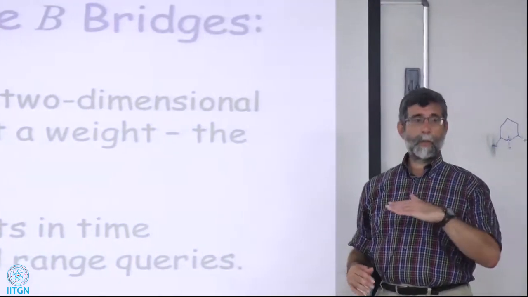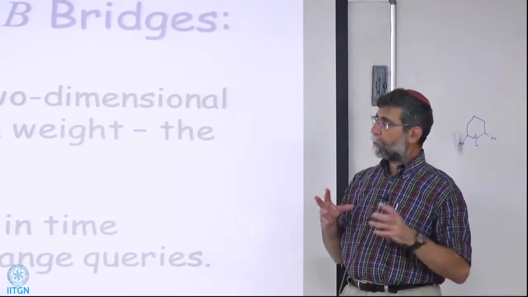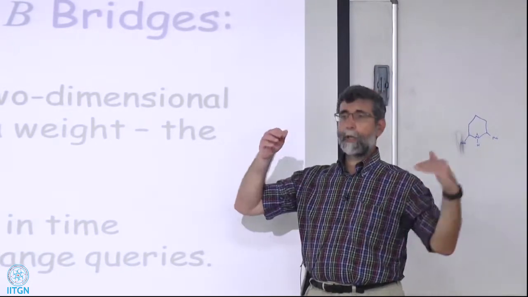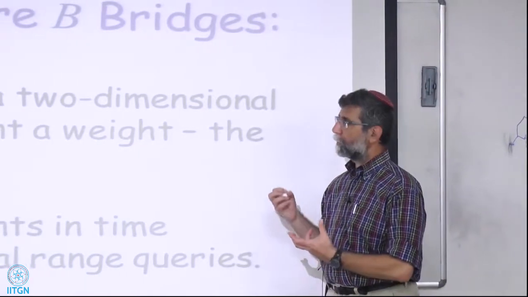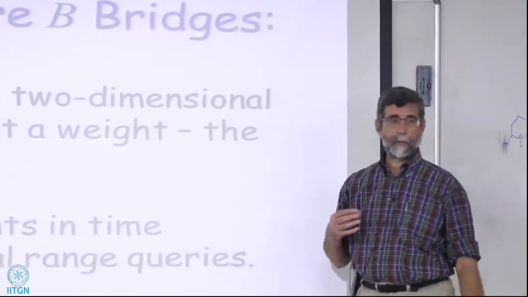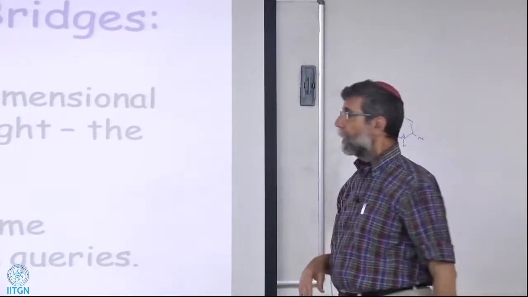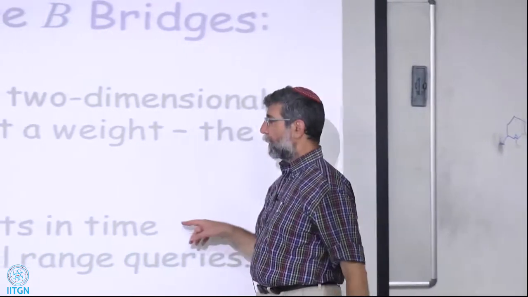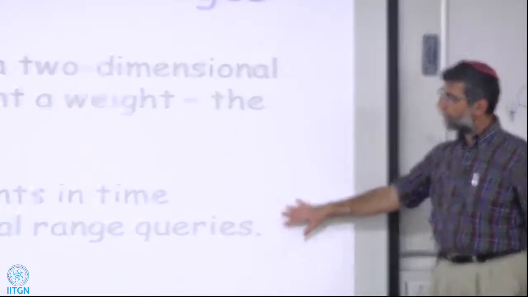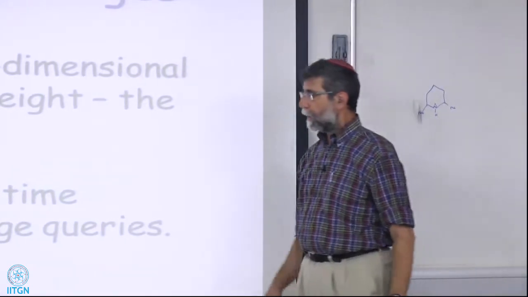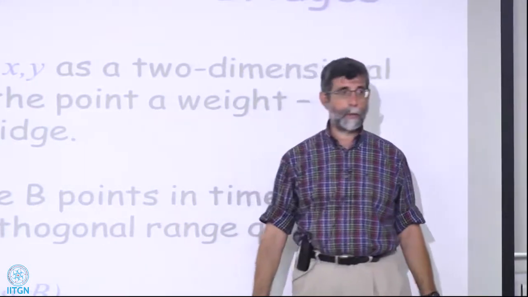On coordinate x is going to be the first leg, and the bridge xy is the point you get in coordinates x and y, but the weight that point gets, the value that it gets, is the height of the bridge. Now, we're going to pre-process all of these B points in time O(B log B) for orthogonal range queries, and then the query time is going to be O(log B).